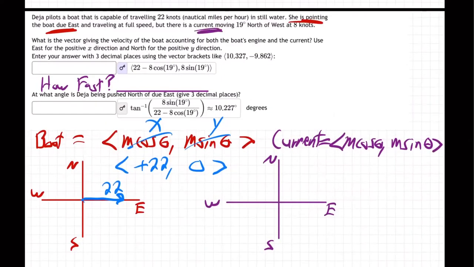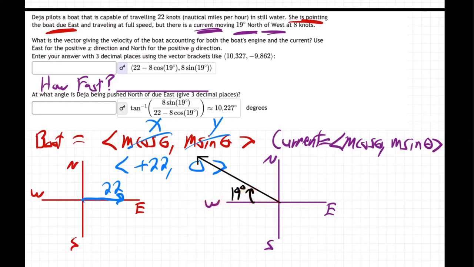The current is moving 19 degrees north of west. So here's west. It's 19 degrees to the north. It's going like that direction. So it's about like right there, where this is 19 degrees. Right? See what they said? It's 19 north of west.